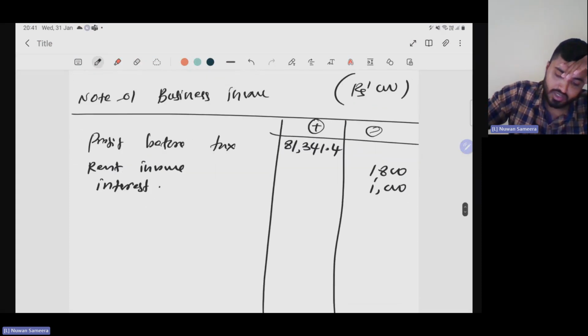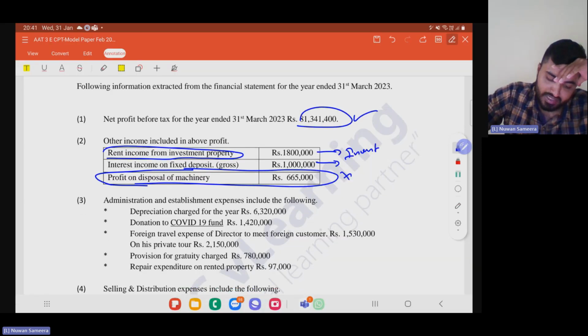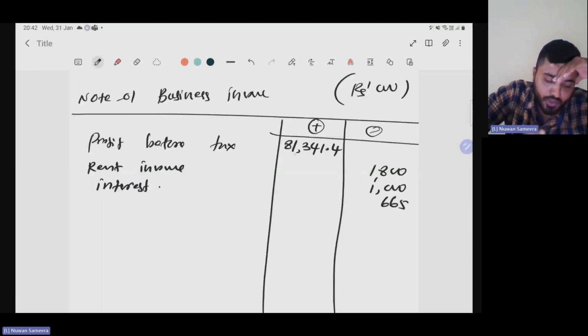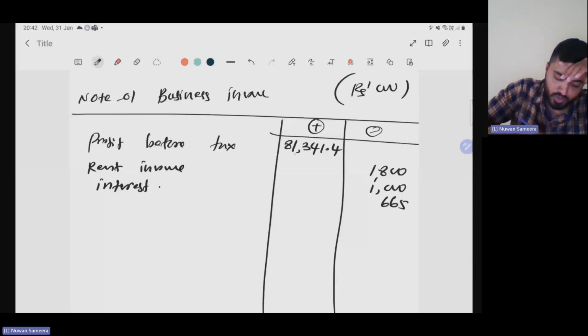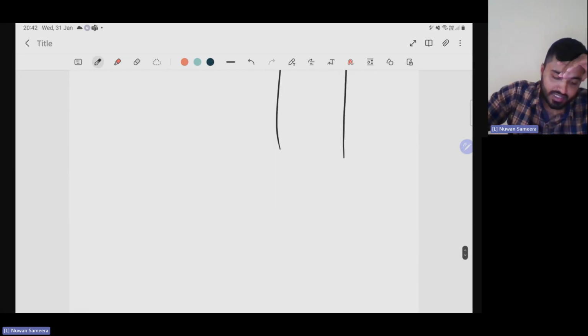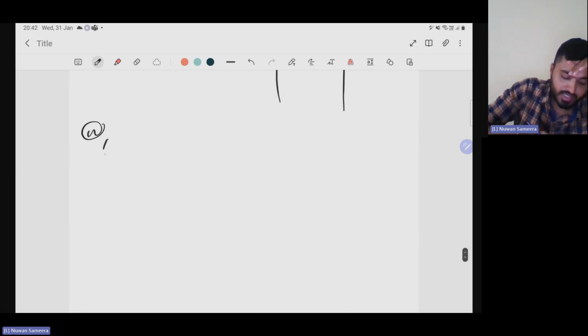We have to remove. Not only that, we have to remove the 665 disposal gain, because all these incomes are already included in this 81,341.4. That's why we need to remove. So the disposal gain.